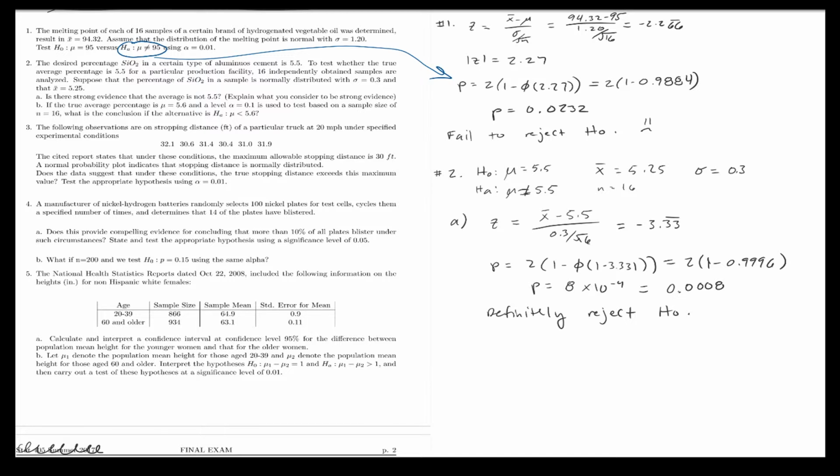You do not take the absolute value in the less than or greater than alternatives, only in the not equal to alternative. So just like Sam said there, it's only in the not equal to alternative.